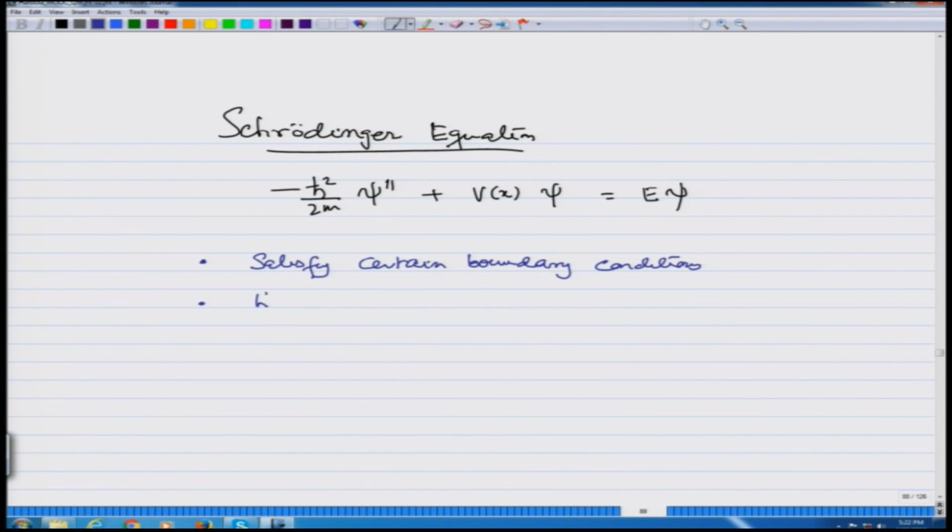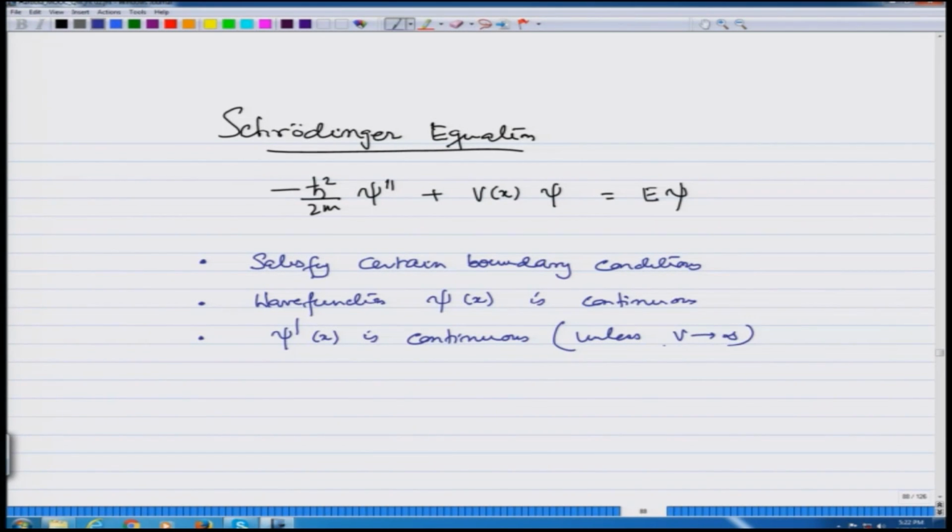The wave function psi x is continuous, and third, psi prime x is continuous unless V goes to infinity.